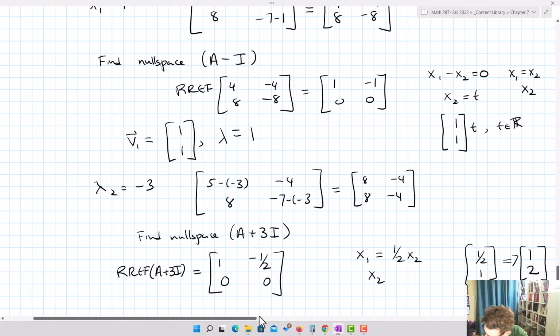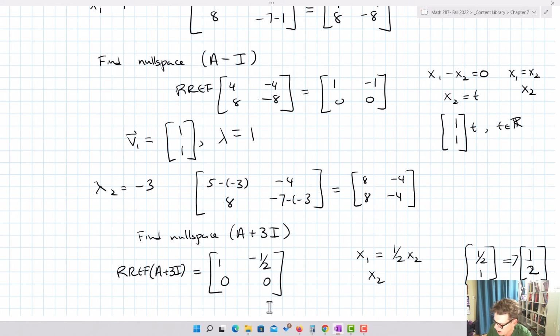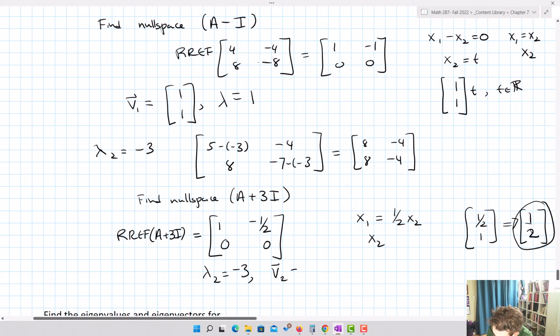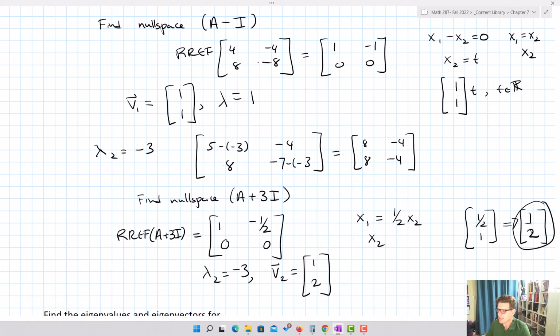And that is because we want to have whole number values for our eigenvectors if we can do it. If you're looking it up in the back of the book, it's going to look like that. So our eigenvalue, lambda 2 equals negative 3, and its associated eigenvector, v2, is going to equal 1, 2. And that actually gives me my eigenvectors and eigenvalues.